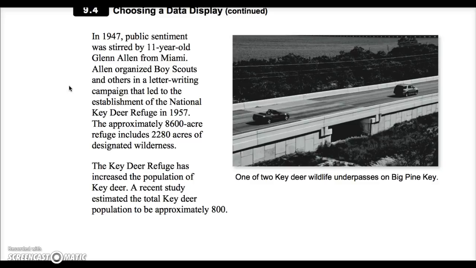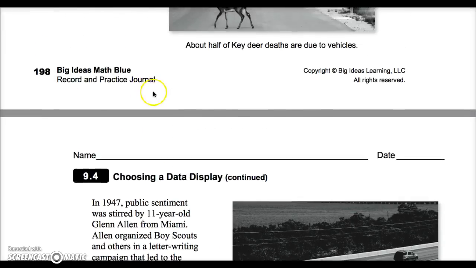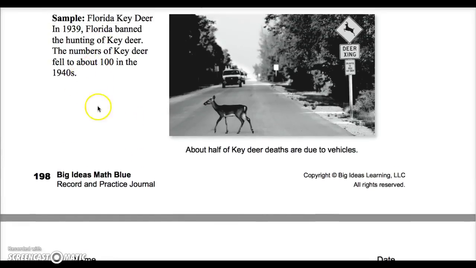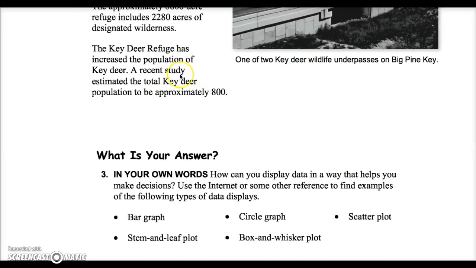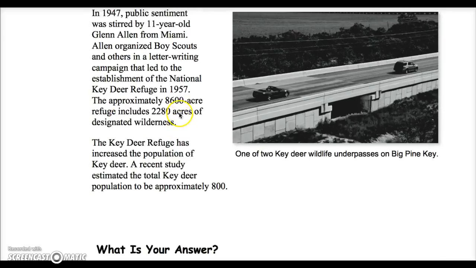The Key Deer Refuge has increased the population of key deer, and a recent study estimated the total key deer population to be approximately 800. So it went from being 100 in the 1940s up to 800. Okay?